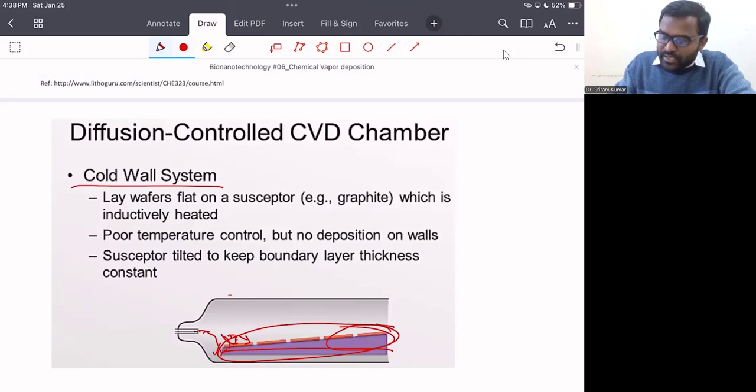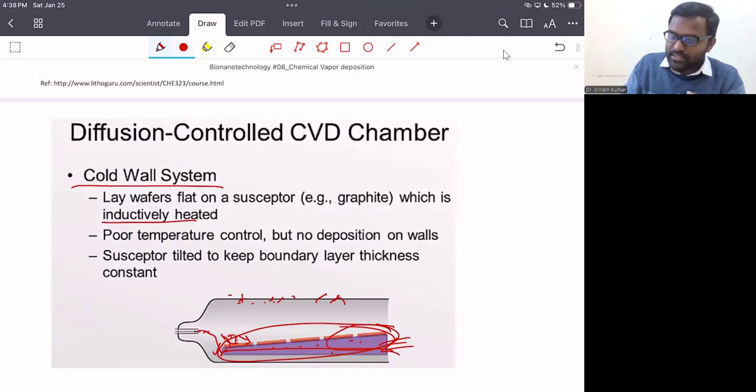In this case, we use an inductive heater. This is made of graphite, and we can heat the material using the inductive coil, and based on that we will have controlled deposition of the material. In this particular case, there is no deposition on the surface of the wall.